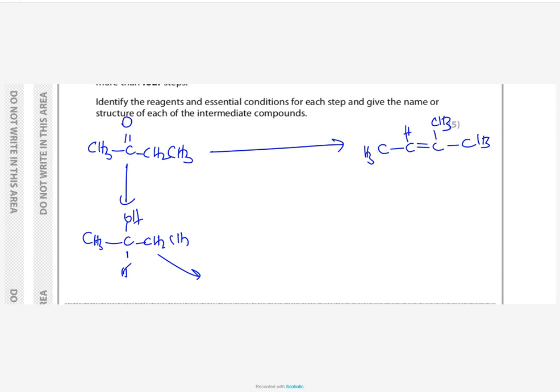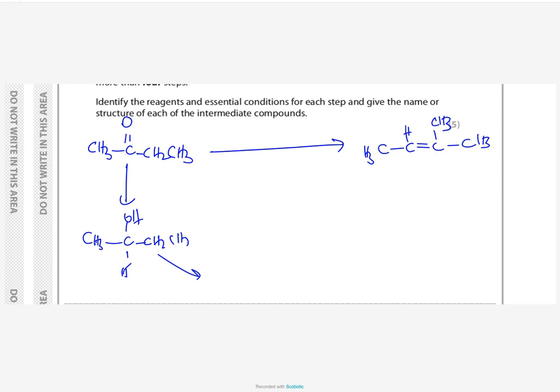What do you think? You can put a Grignard and put a CH3 group, that won't be a problem. Right. What can we do here?